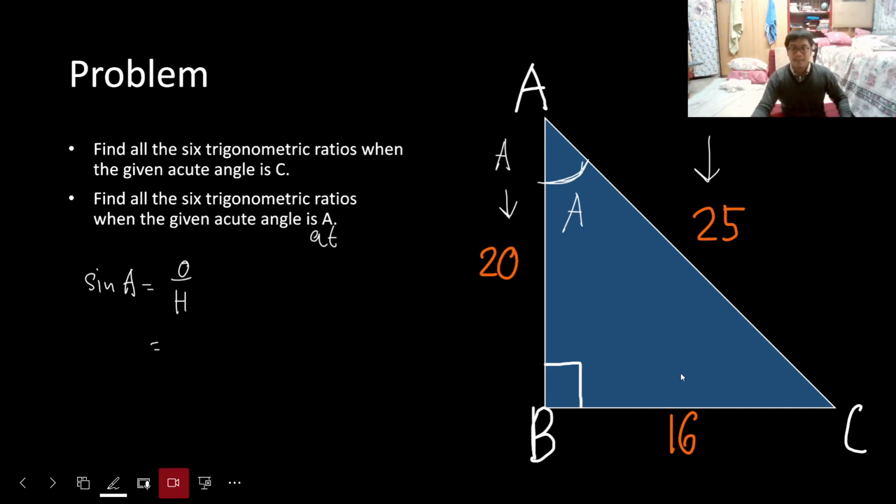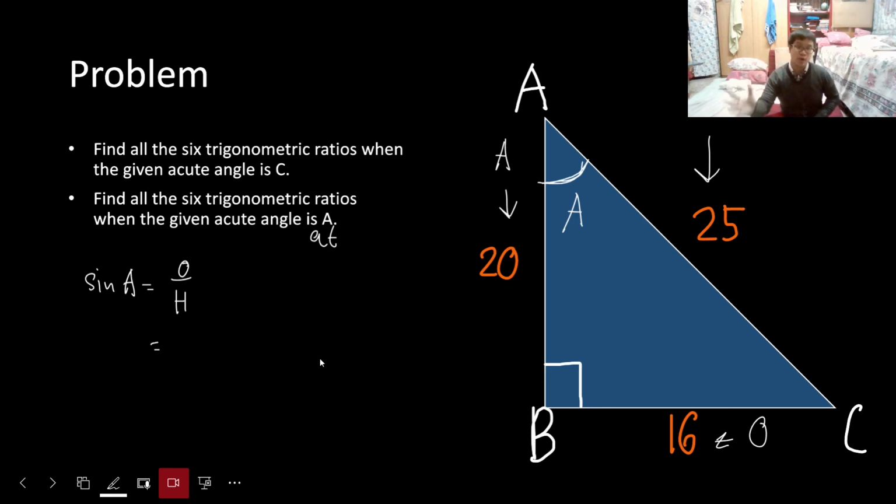But yeah, it's correct. And here for your base side, or side BC, this one is 16 units long and it's not beside the angle at A. So here, your 16 will become the opposite.